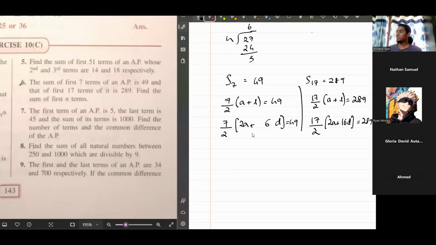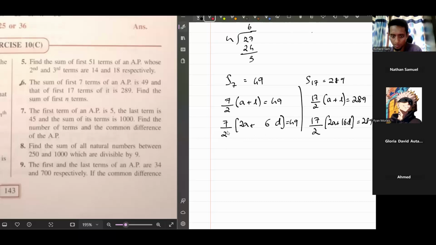You can add the two equations, subtract the two equations, multiply the two equations, or divide the two equations. The aim is to eliminate either a or d. Basically, simultaneously solve these two equations. If you use the first set, you'll have a and l to find. Use the second set, you'll have a and d to find. Simultaneously solving means you can add, subtract, multiply, or even divide. Anyway, here we'll do the normal addition or subtraction of them.